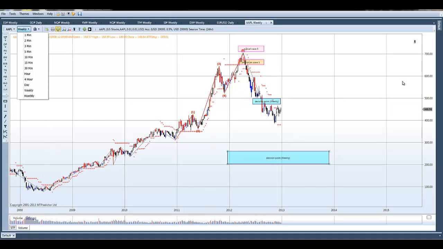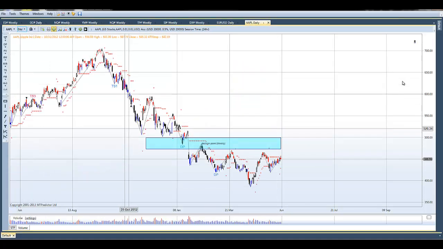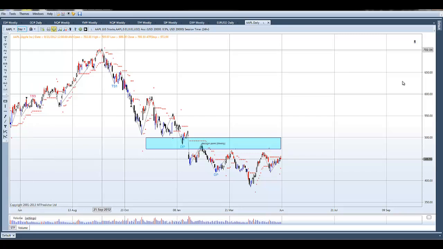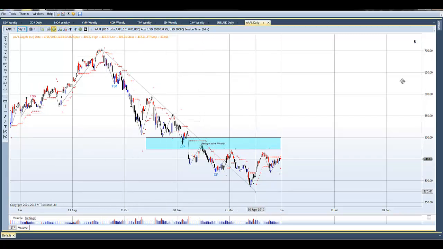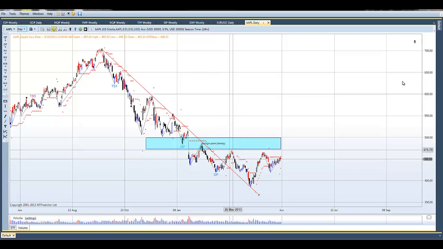Apple looks better on the daily chart, as it had the trend line down here that it broke back above. It retested the bottom of the trend line, which was resistance and has become support, and has been able to hold above there.